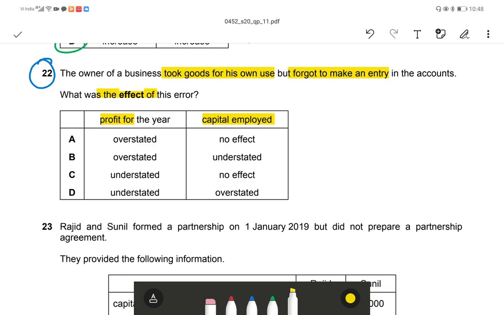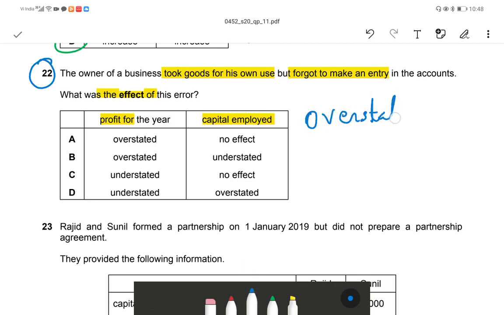Purchase we enter in the trading section to calculate the gross profit. When there is the drawing by goods, we deduct this from the total purchase and this decreases the total cost of sales. But the owner forgot to enter this drawing. It must be overstated the cost. Overstated purchase.